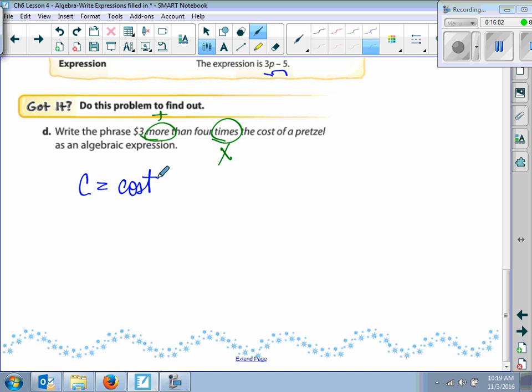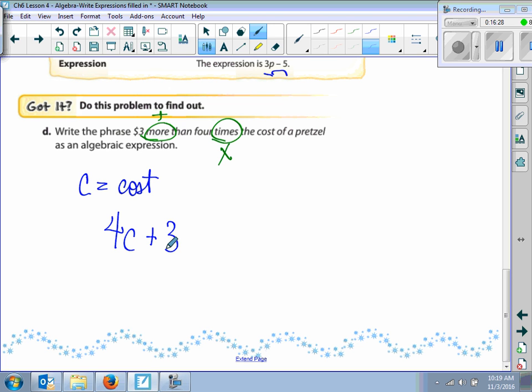Now we're going to write our expression using our order of operations. We do the times first, yes. 4 times the cost of a pretzel, how am I going to write that? 4C. And then $3 more than that. Plus 3. Very good.